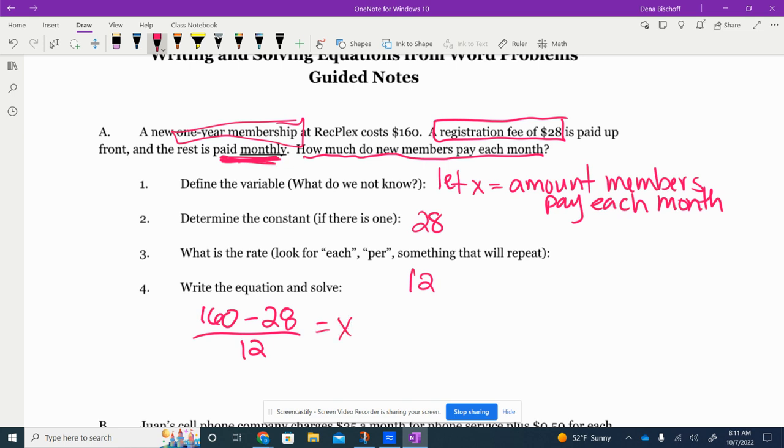Now, that's how my brain processes it, but what I really wrote is the total fee equals 12 times the amount I pay each month, because there are 12 months, plus my upfront fee. That's what I really wrote, but I think those are exactly the same.